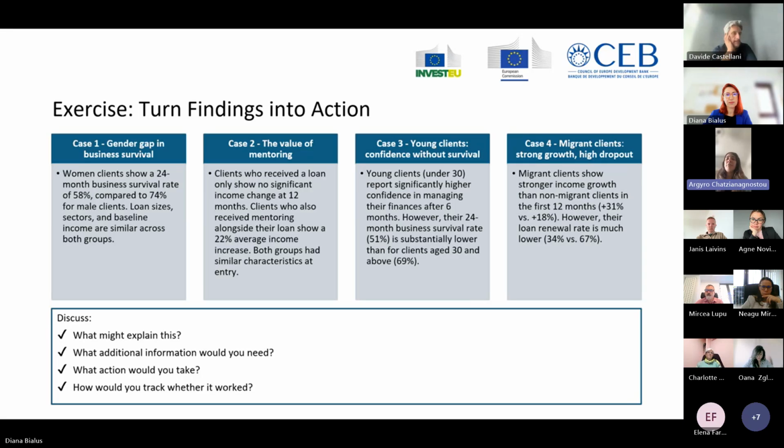About additional information, we talked about the frequency of the educational sessions and the follow-ups we do with the clients, and the background of the loan officers. Maybe the loan officers should receive some extra training about specific sectors so they could provide more accurate information.